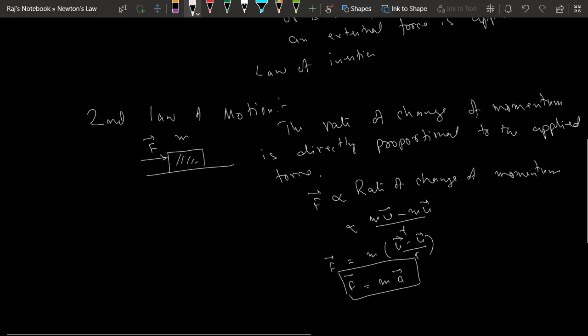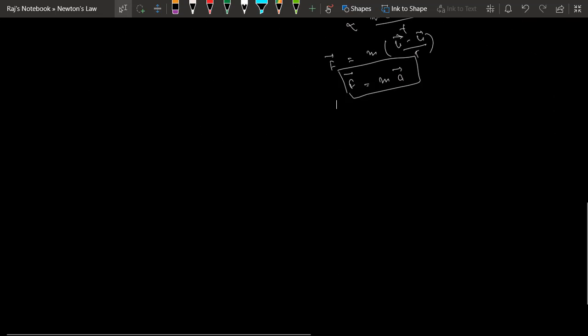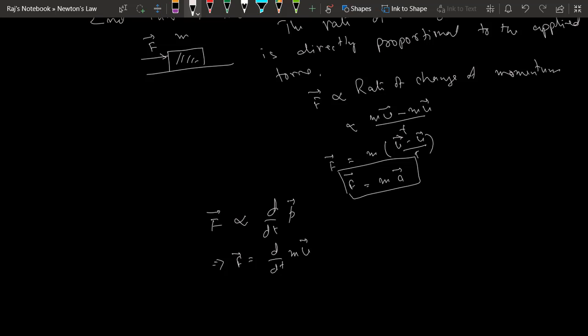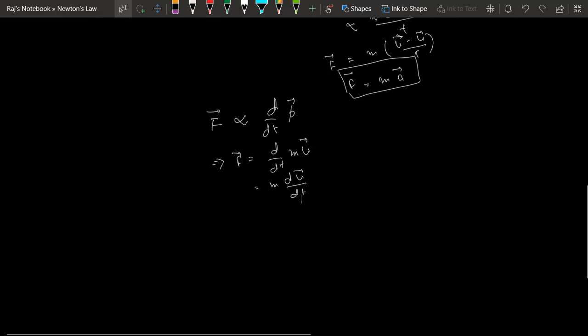This is also known as the second law of motion. In other notation, F equal to d by dt of mass into velocity. According to Newton, mass is considered to be a constant, so F equal to mass into acceleration.